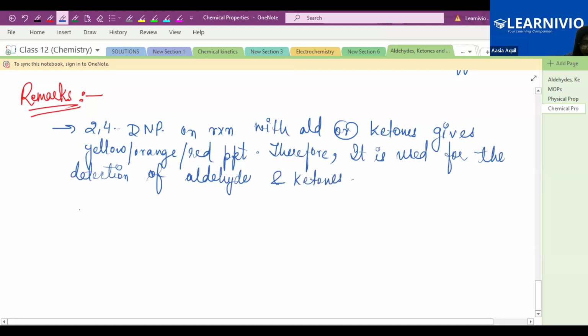Okay, suppose we have A. This is the unknown compound. You don't know whether it's an aldehyde or ketone, an alcohol, or an ester.